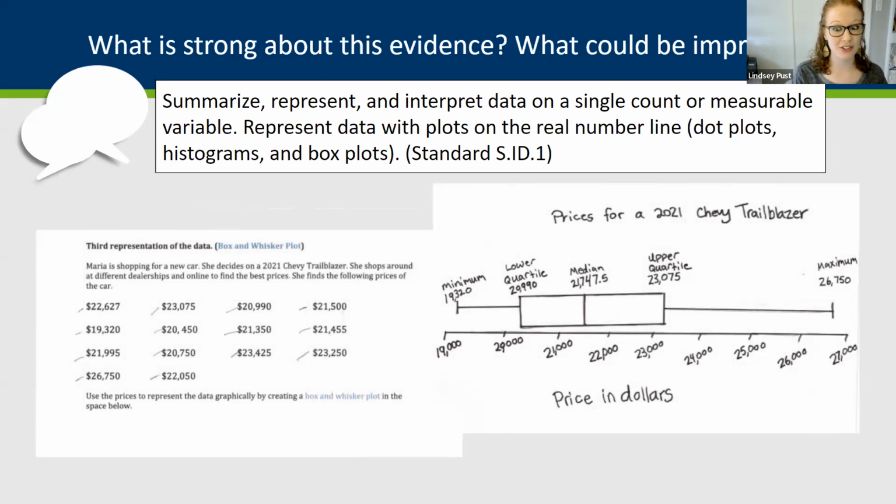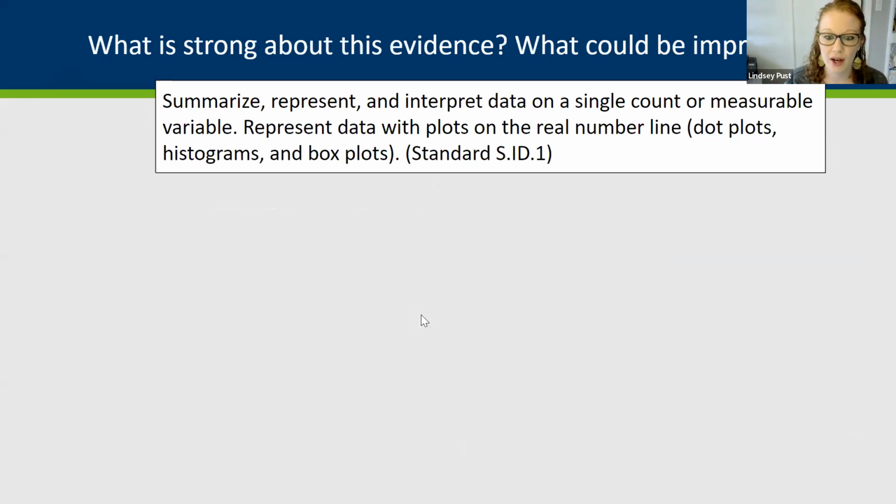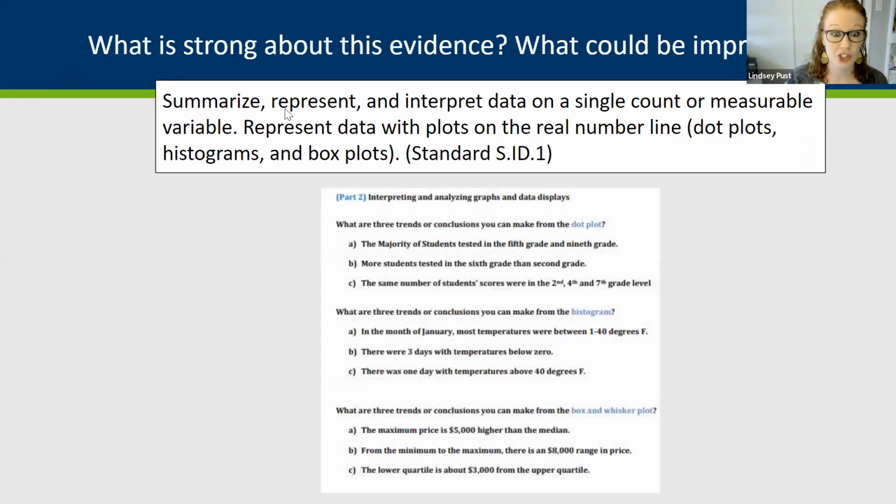And so every part of the standard needs to be shown when submitting evidence. And so there is this part 2 to show the interpreting of data for those. Yes, exactly. That's what we need to be thinking about, every part of the standard being shown. And the standard talks about dot plots, histograms, and box plots. And so one of each of those was submitted.